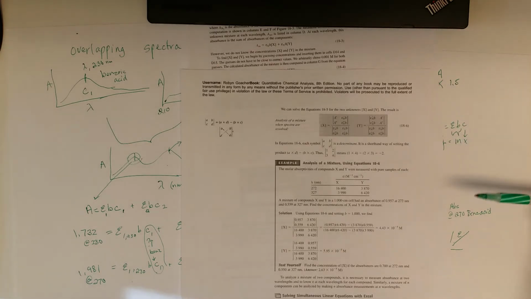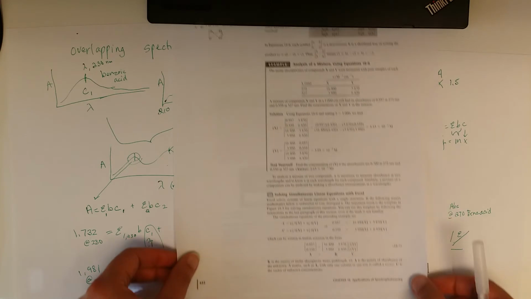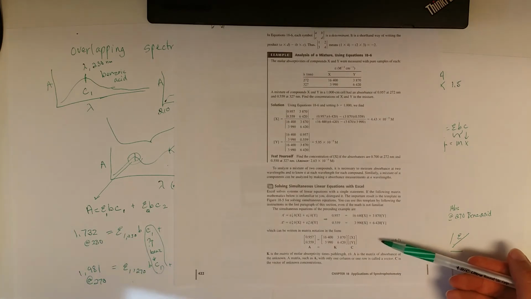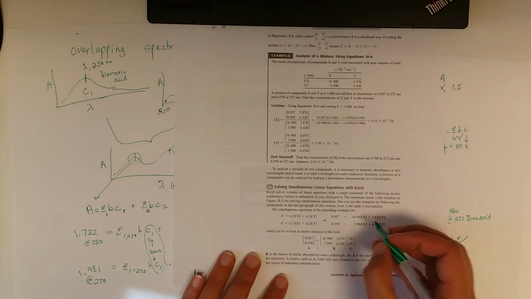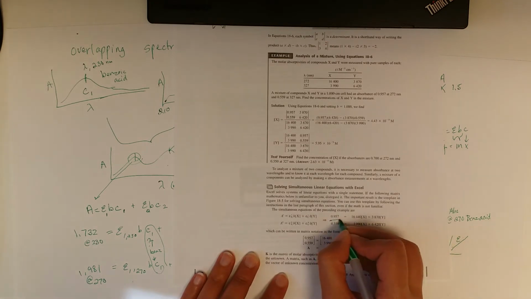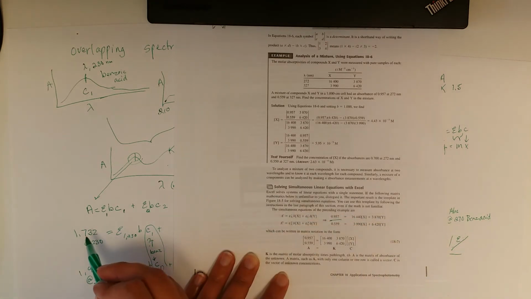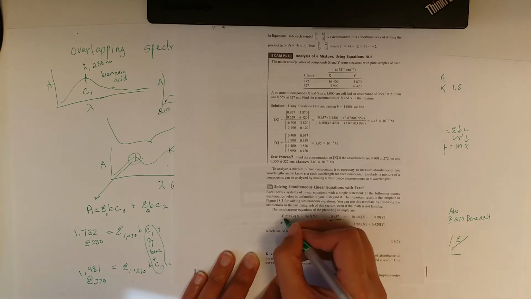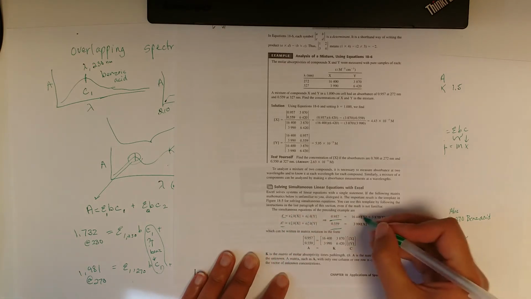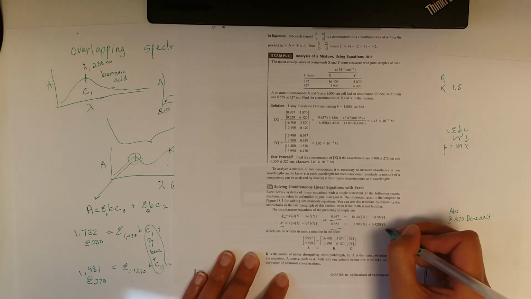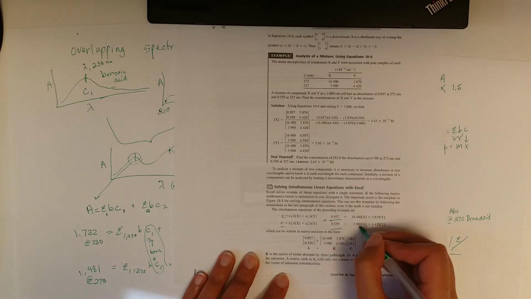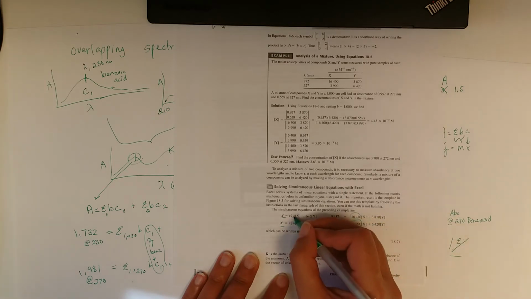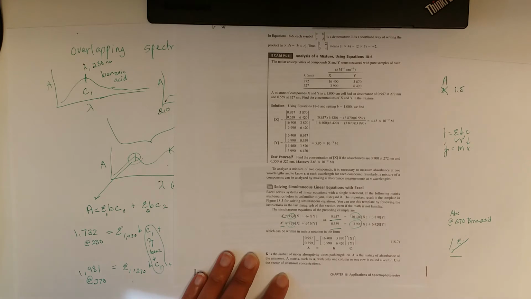It's also possible to solve these equations in Excel using this kind of a format, where you're going to come up with, here's the absorptivities. Okay, so absorbance, like the 1.72. Okay, so this is the absorbance at the first wavelength. This is the absorbance at the second wavelength. So here and here. You've got your unknown concentrations of compound X and Y. We've got the absorptivity times the path length that go in.